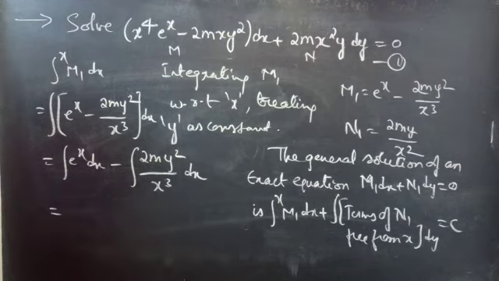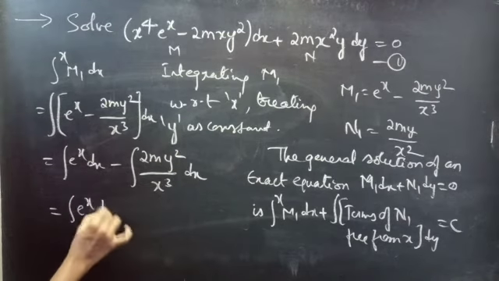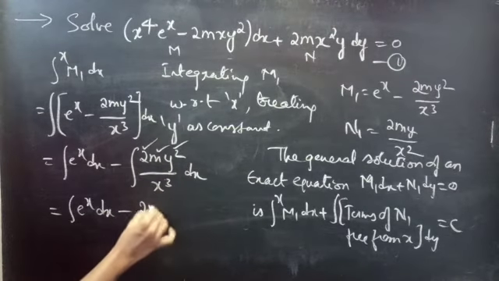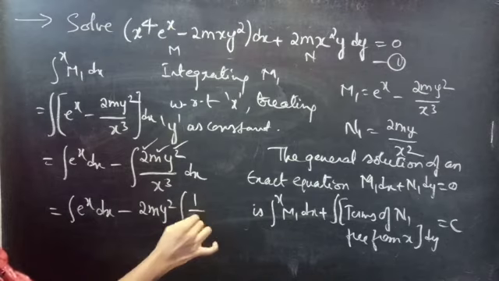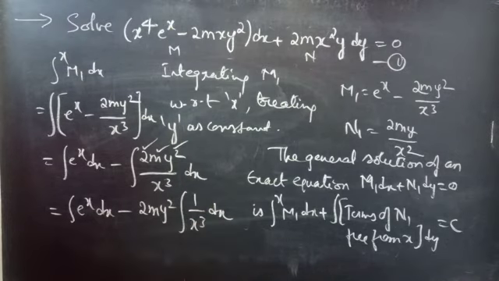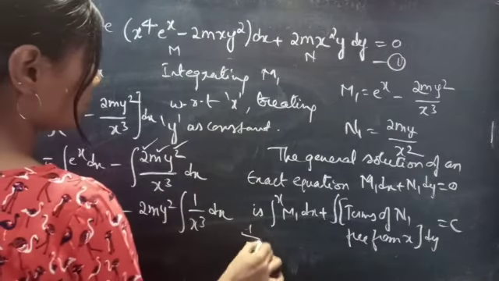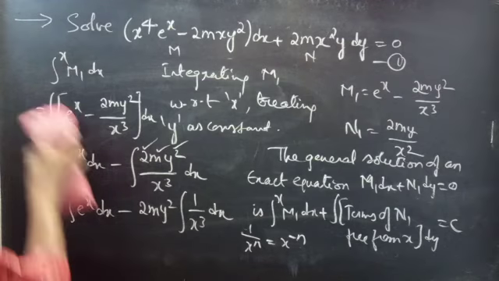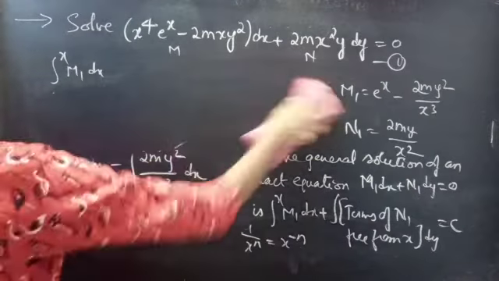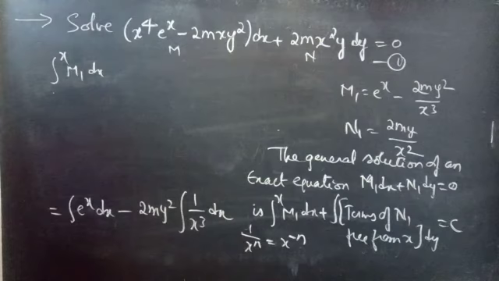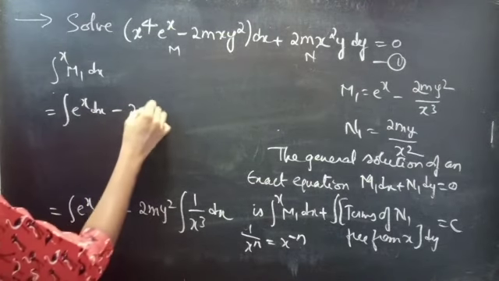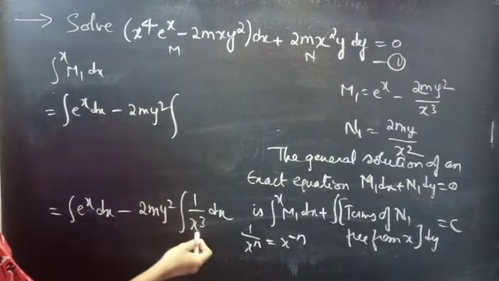This is equal to integral e power x dx minus, let's write the constants outside the integral, constant into integral 1 by x cube dx. Since we know that 1 by x power n equals x power minus n, you can write 1 by x cube as x power minus 3.